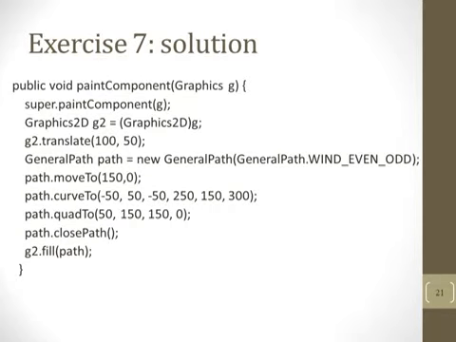First we create the GeneralPath using the even-odd rule. Then we move to a certain point.